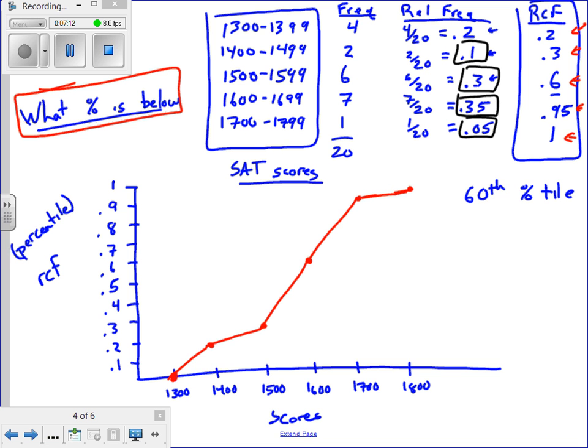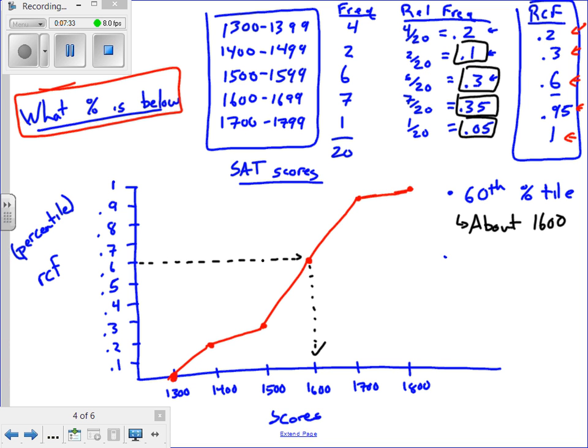So what we can do there is find the 60th percentile, go over, and we see that that's a score of about 1,600.